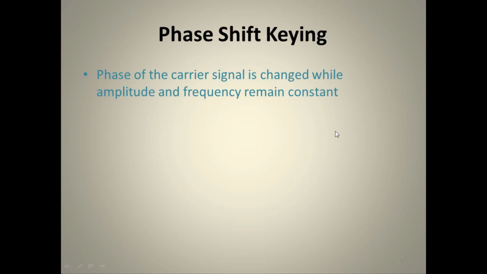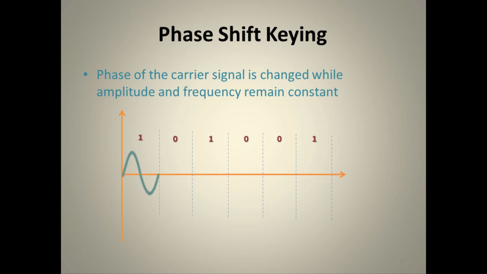In phase shift keying, the phase of the carrier signal is changed with respect to the digital data, while the amplitude and frequency do not change. Here again we take the same data 101001. For 1, the phase is 0. For 0, the phase is 180.